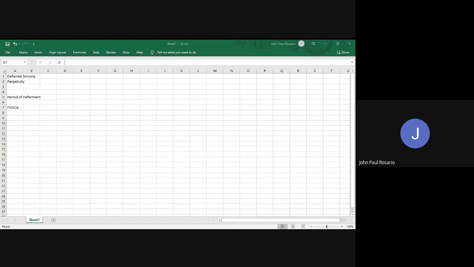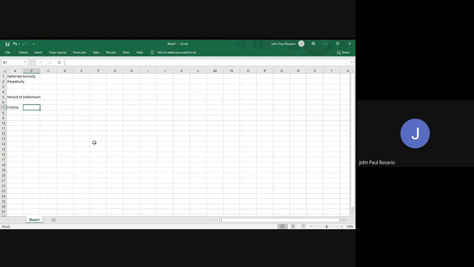Sige, anyone? So according to the chat ni Blessing Cortez, the future value of deferred annuity is the same as the future value of the ordinary annuity. So meaning, ang formula nato for future value of deferred ordinary annuity is same lang gyapon sa formula for future value of ordinary annuity.